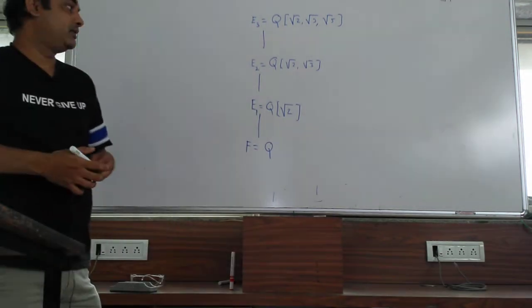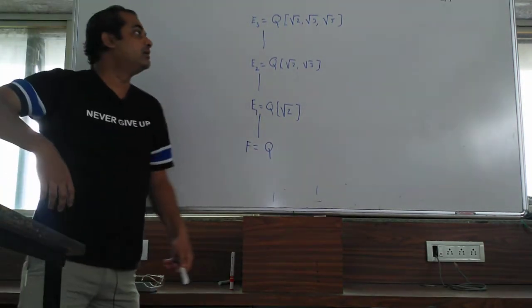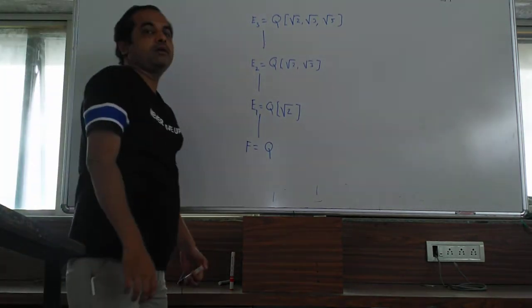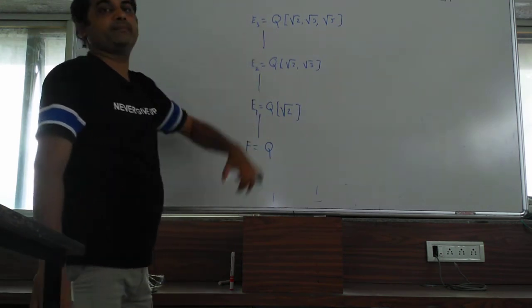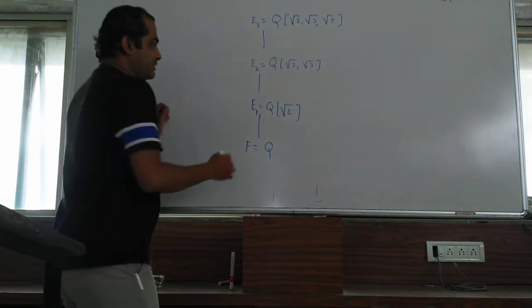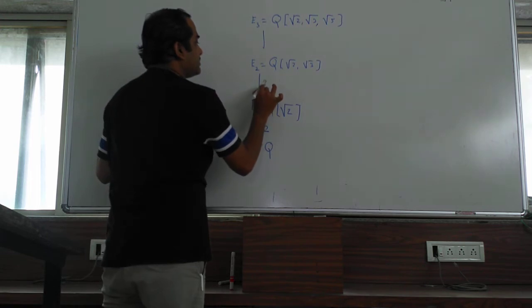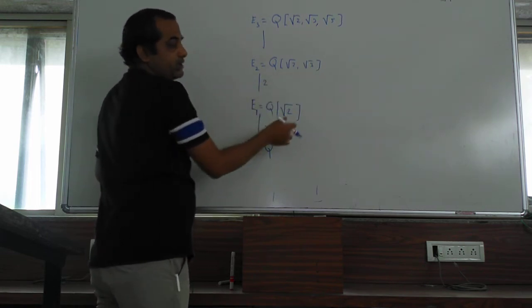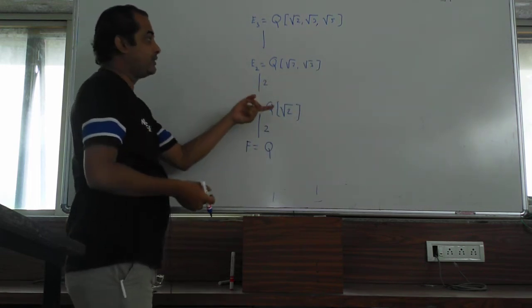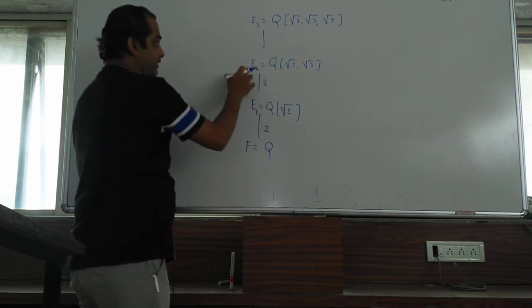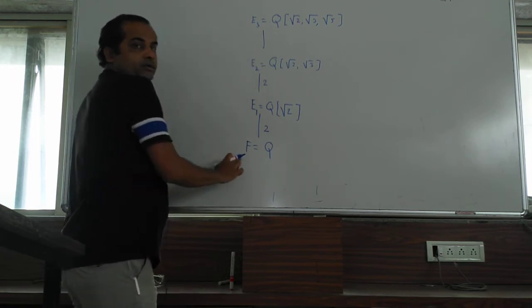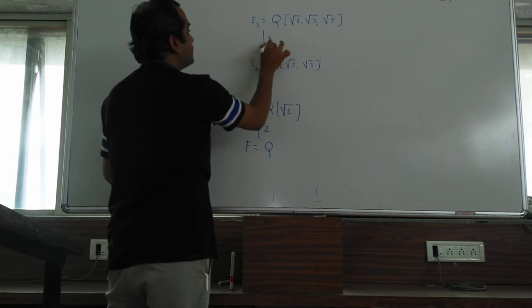You can continue this. This never ends. The number of primes is not finite, so this process remains the same. The degree of extension of E1 is 2. For E2, √3 is attached, or you can use the previous idea, which also works. Find the degree of extension of E2 over F. This is also 2.